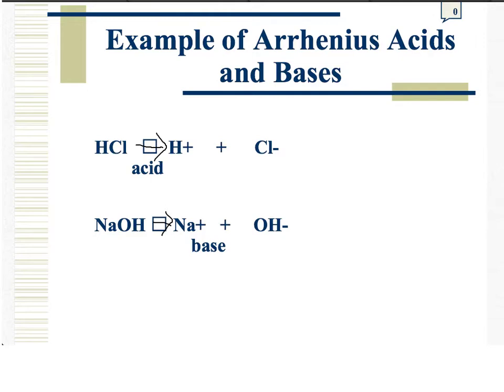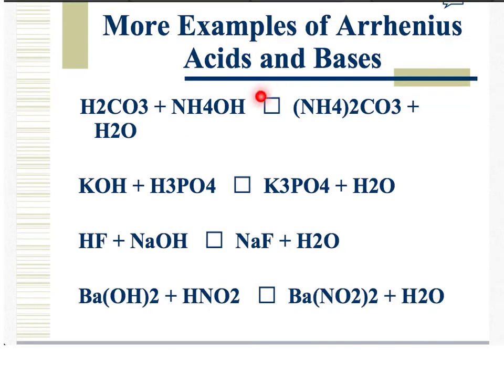Acids take something like HCl; the H in the front is the indicator that it's an acid, because it breaks down into hydrogen ions and chloride ions. The OH here is the base indicator for an Arrhenius base, so you end up with sodium ions and hydroxide ions in solution. Again, these boxes should be arrows, but who cares?